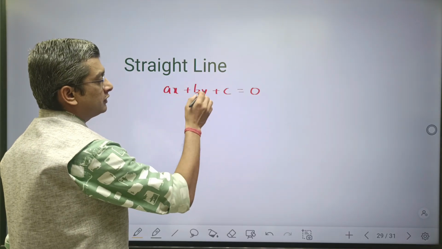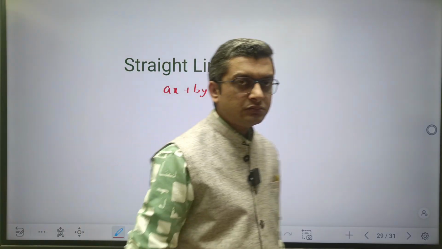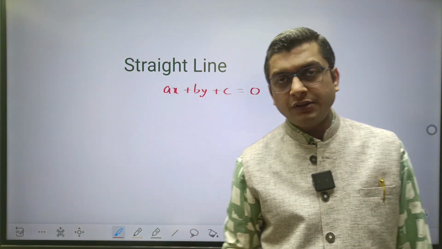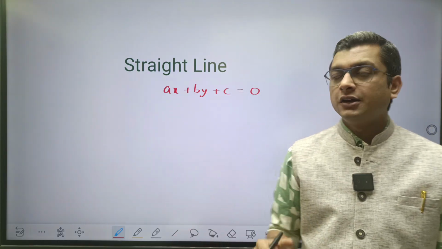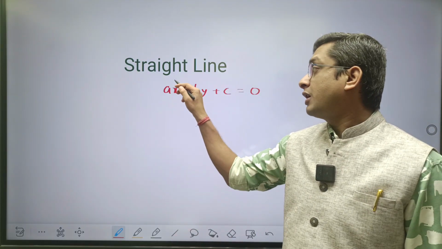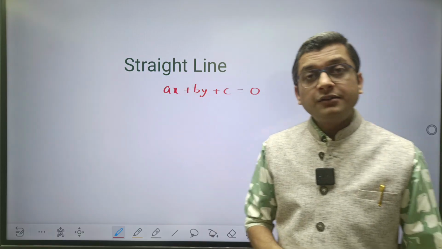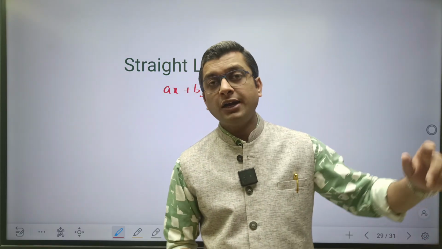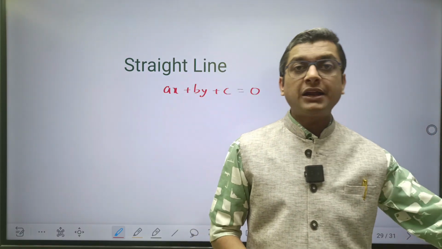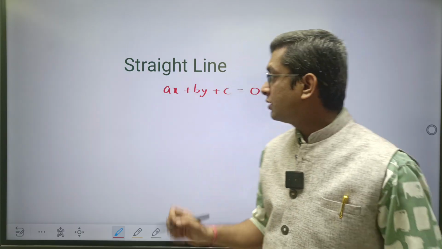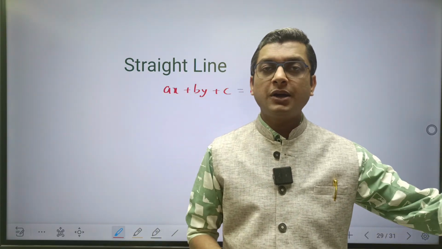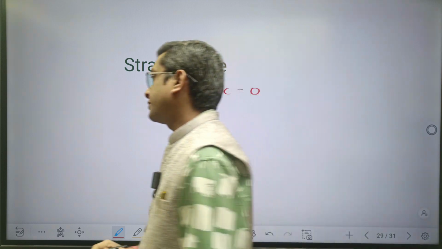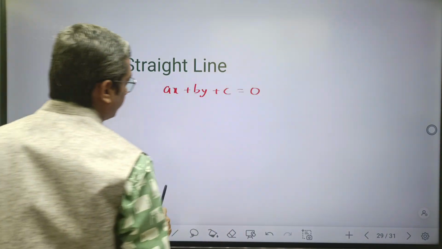Here the power of x and y is 1. Whenever the power is 1, that is, the degree of the equation is 1, the graph will be a straight line. If I put power 2 on x, it becomes a quadratic equation and will be represented by a parabola. If I put power minus 1 on x, it will be represented by a hyperbola. So one by one, let us start with the straight line equation.